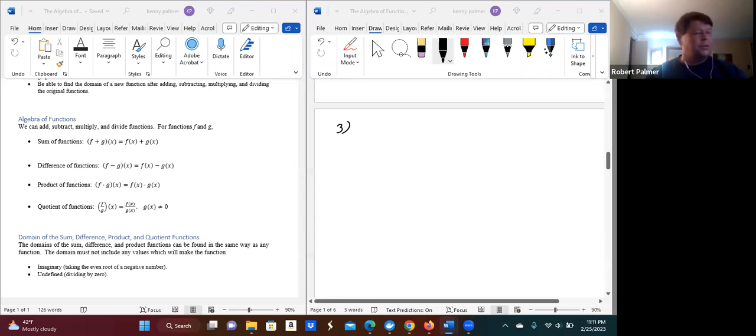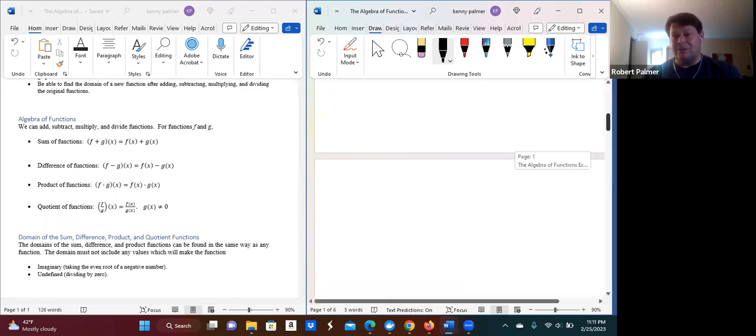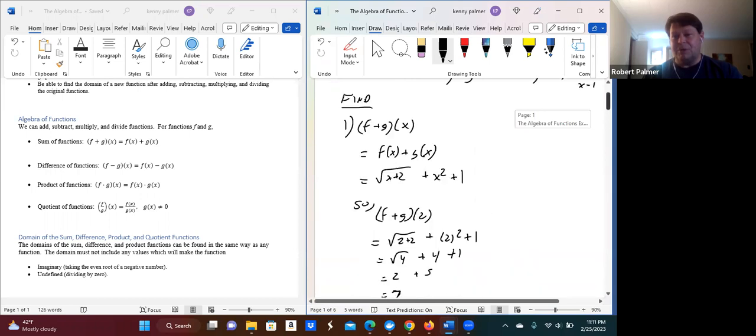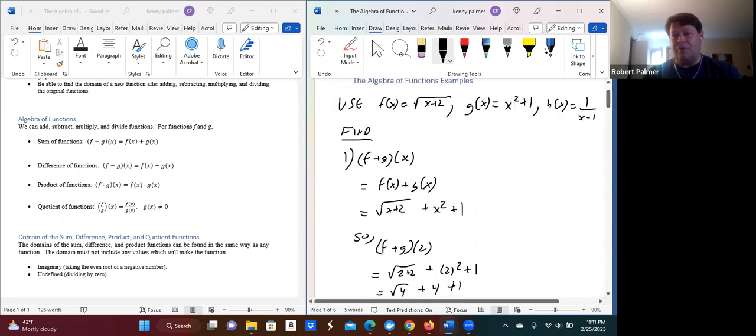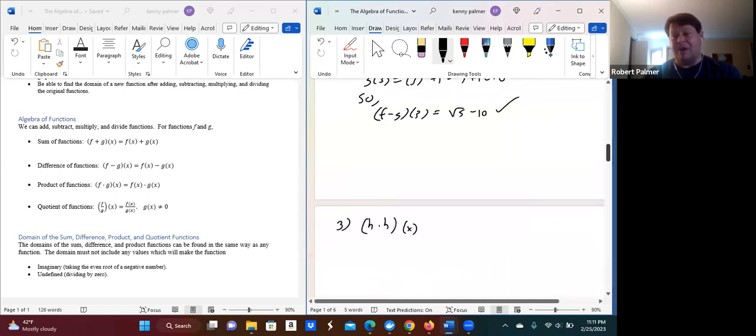Okay, let's do h times h of x first. We haven't used h yet, so let's recall what h was. My function h was 1 over x minus 1. And this time I'm doing the algebra of the function with itself, which is perfectly fine.